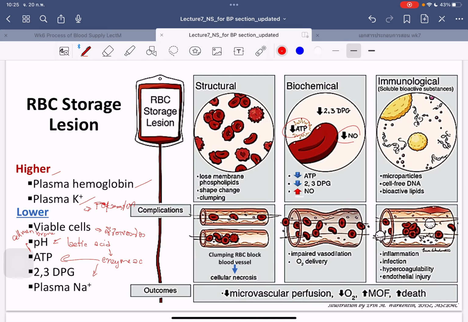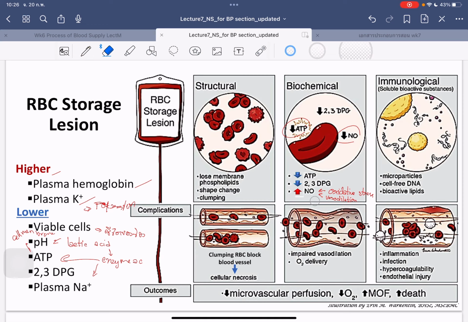Yes, oxidative stress is one of the mechanisms that can increase nitric oxide. All of this will induce vasodilation. When it induces vasodilation, the blood volume is going to decrease because there is not enough blood volume to maintain the blood vessels.